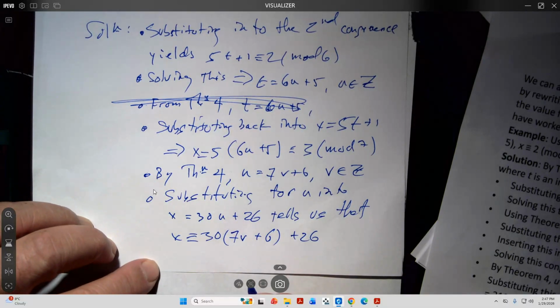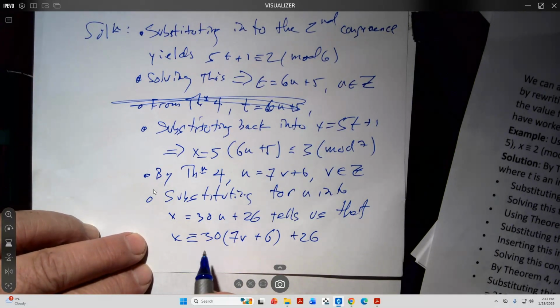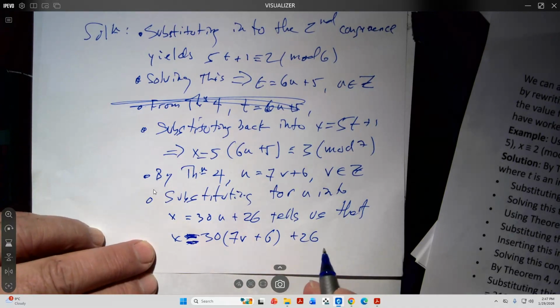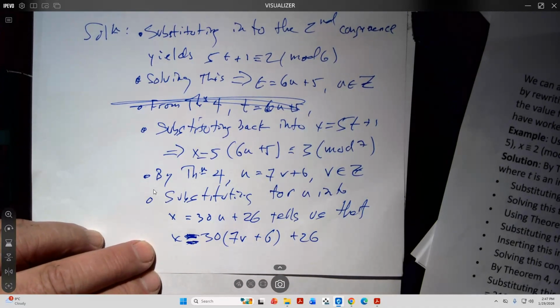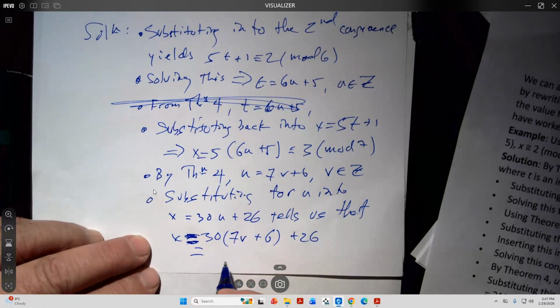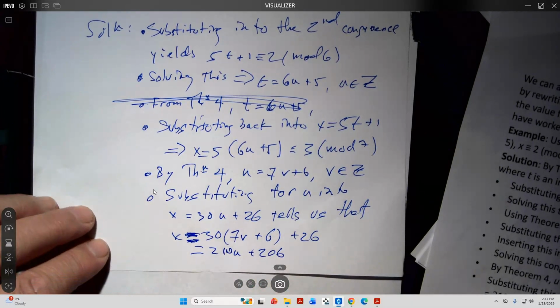There's no congruence here, it just equals that set of coefficients, which equals 210v plus 206.